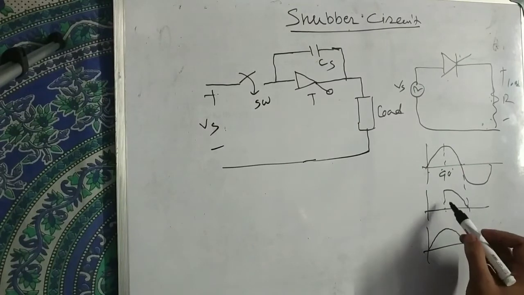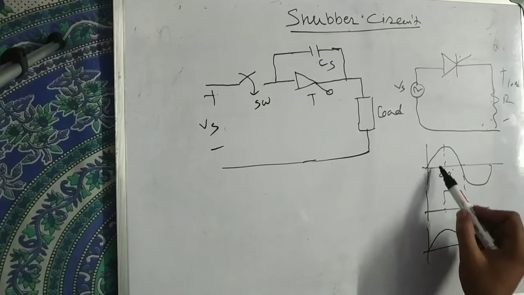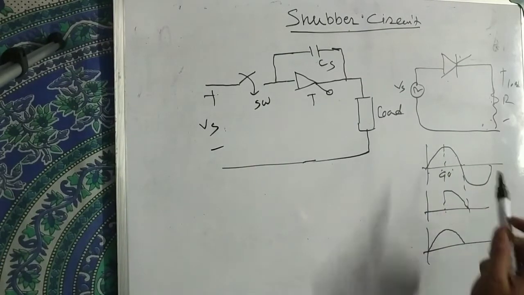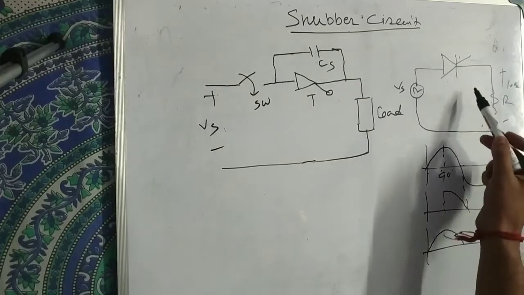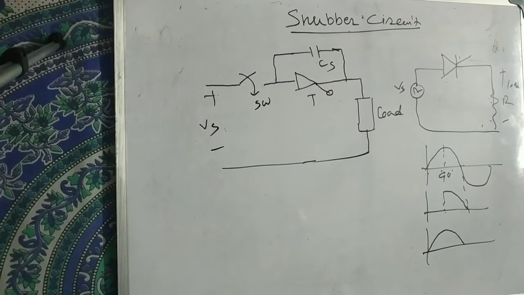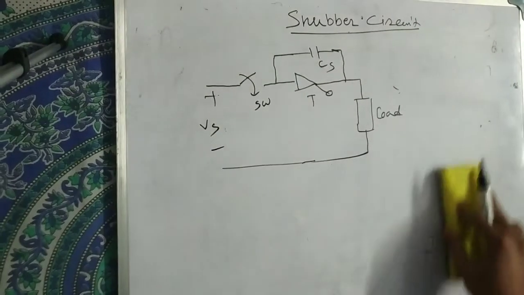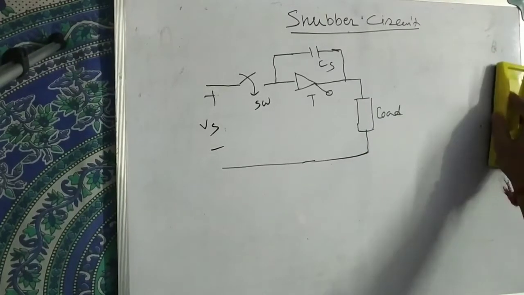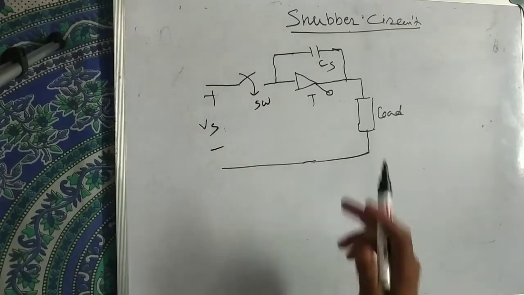But with an SCR we have a special privilege: we can turn on the SCR at any angle, 90 degrees, 120 degrees. So we can control the circuit by applying the gate current. So we need a special arrangement for the SCR circuit because we will not allow unwanted turn-on of the SCR.